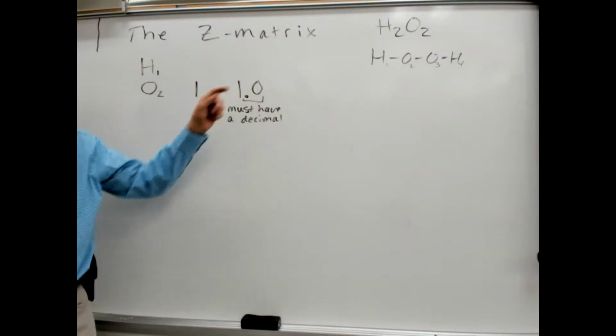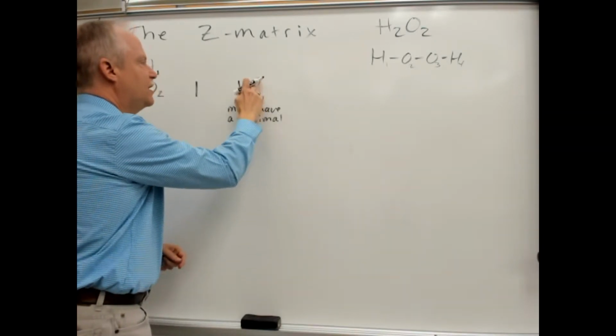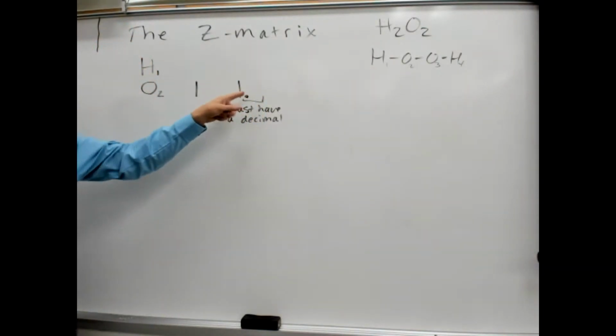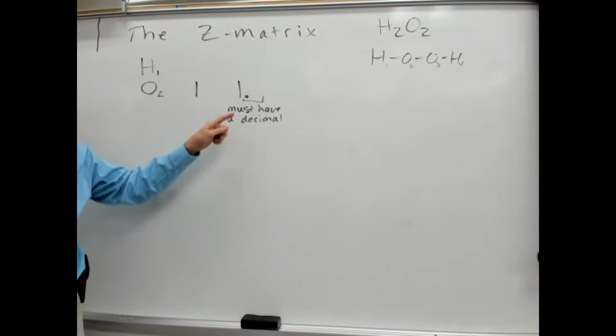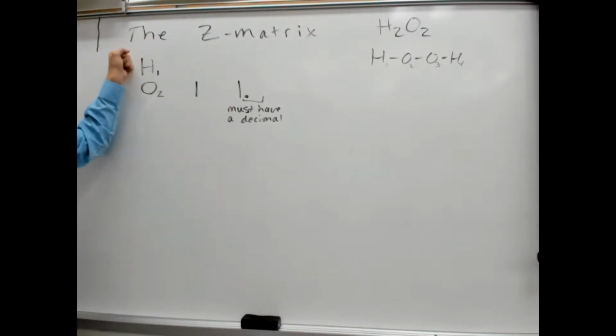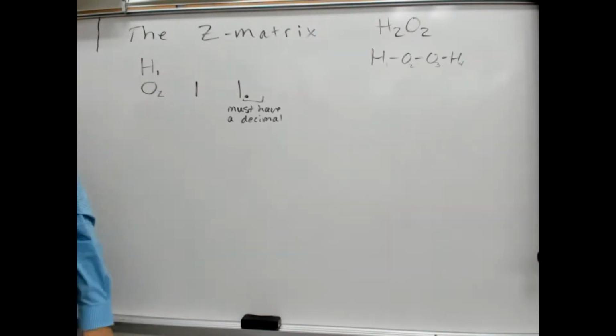It doesn't have to have a digit here, but it must have at least a decimal. You have to tell Gaussian where the decimal is. If you just put a 1 there, it's going to say, I was expecting a floating point number and I got an integer. So the easiest way to designate a floating point number is to tell it where the decimal is. And so this is saying hydrogen 1 at the origin, oxygen 2 bonded to hydrogen 1 at a distance of 1 angstrom.